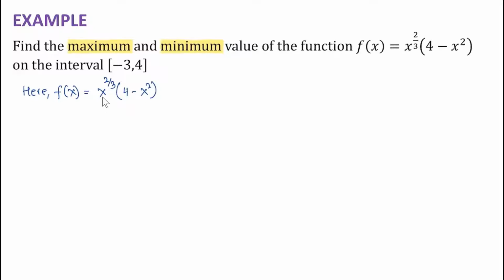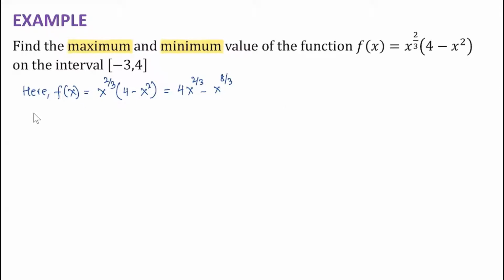You can distribute this x to the 2/3 first, so that it will be a little simpler. Distributing x to the 2/3 multiplied by 4 is 4x to the 2/3, and then minus x to the 2/3 times x squared. Whenever we are multiplying, we add the exponents. So 2/3 plus 2 is 8/3.